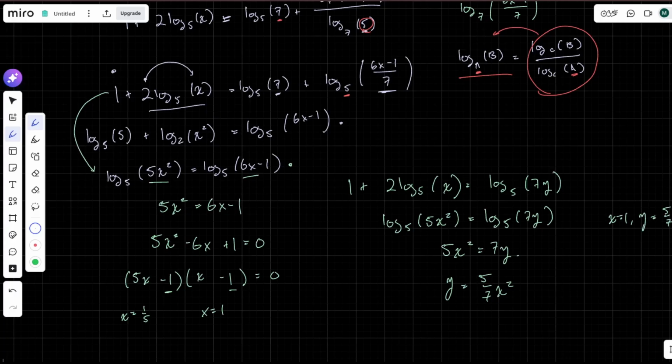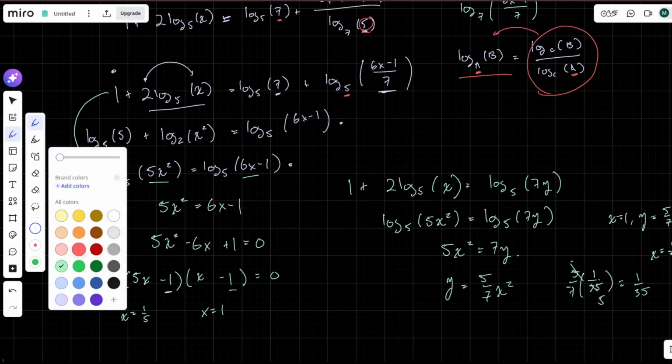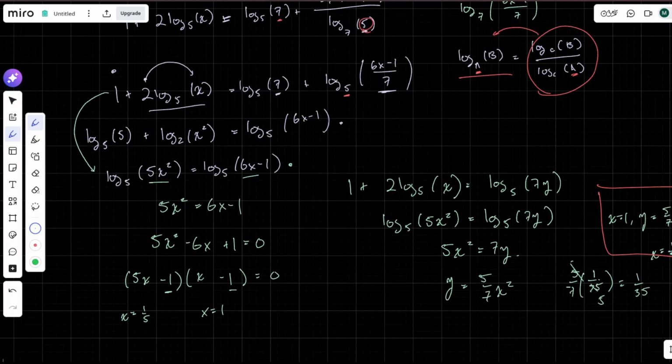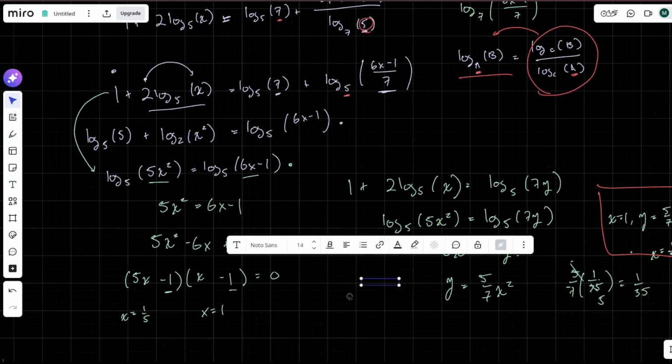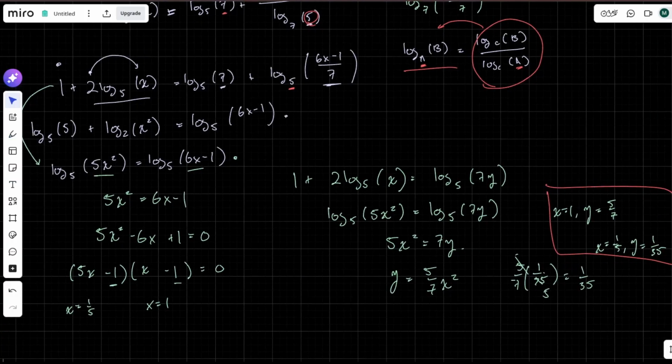And then when x is a fifth, that's 5/7 times 1 over 25, because 1/5 times a fifth is 1 over 25. Those 5s will cancel though, so we'll just be left with 1 over 35. That would be our other solution, right? x is a fifth, y equals 1 over 35. Our solution set is down there. I'm just going to put it in a box. A box that randomly draws a line through it. Brilliant. Okay, there you go.